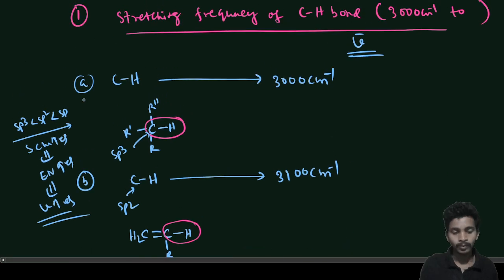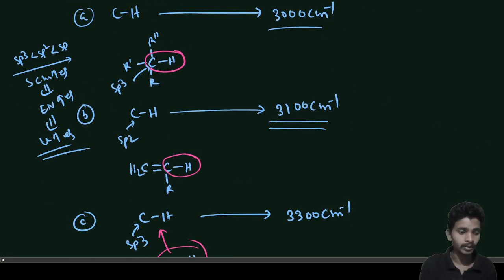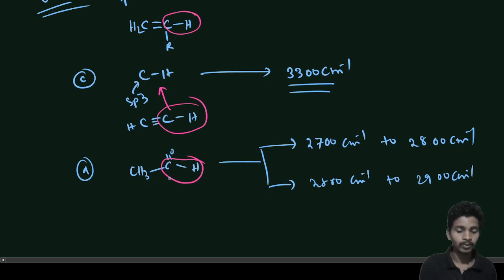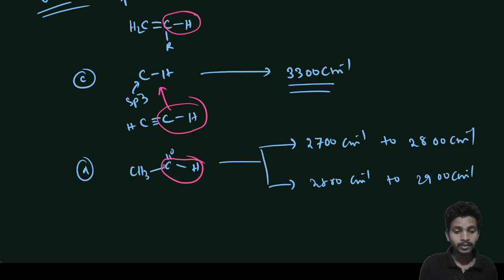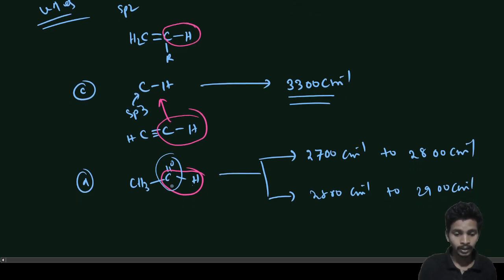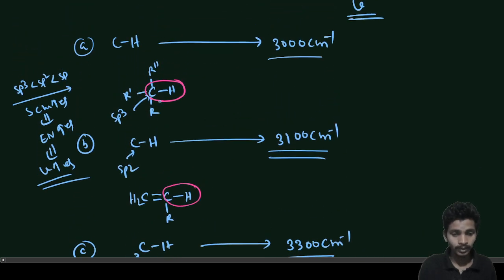Okay, so from CH it is 3000, then sp2 is 3100, then sp is 3300. And whenever you come to the aldehyde groups, here also a CH group is present. So here, due to the electron withdrawing groups, its value will decrease. Okay, here all the electronegativity increases. Okay, but here you get the electron withdrawing groups, so its value will decrease from the normal sp3 CH.